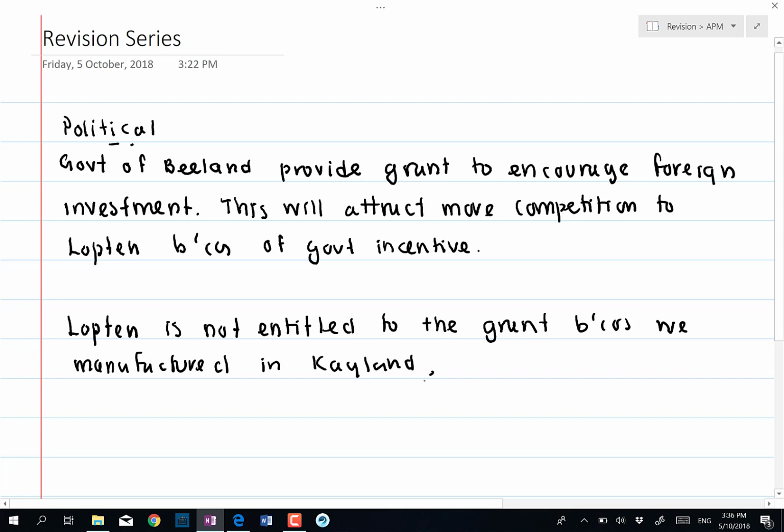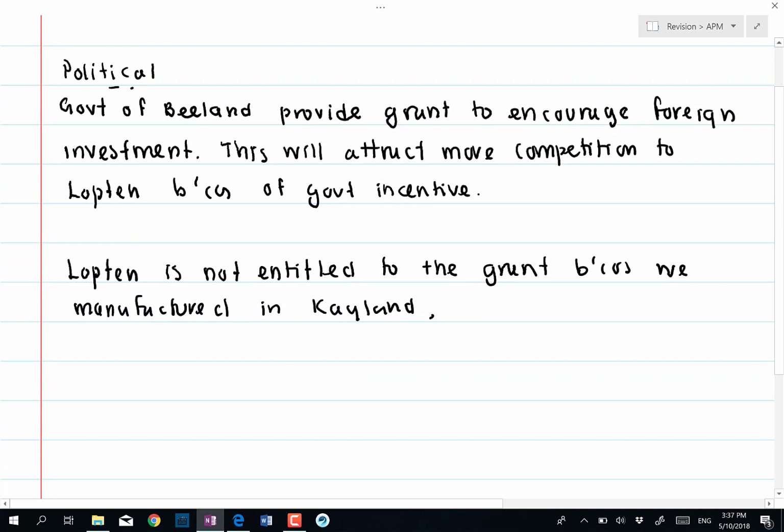So if we are not entitled, we are at a disadvantage compared to those competitors who receive the grant. So this is what is expected.